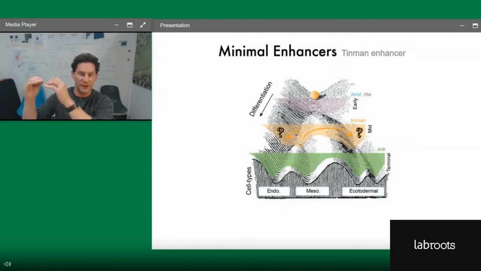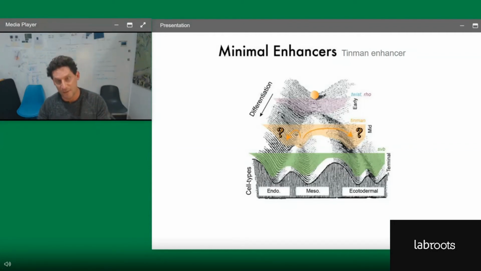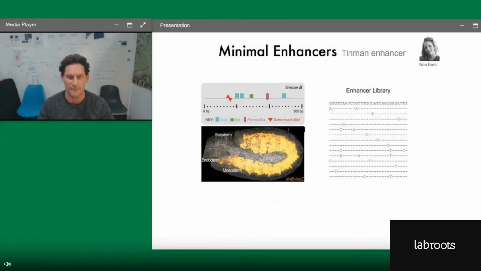So maybe if you go earlier, in this case, mid or early in the embryo, and I'm going to walk you through these examples now to see if we see the same type of patterns, right? Because maybe they're less hardwired, a little more plastic, and they can move around. So this is another classic Drosophila enhancer known as a Tinman enhancer. And you can see this beautiful expression pattern now in this yellow diagram.